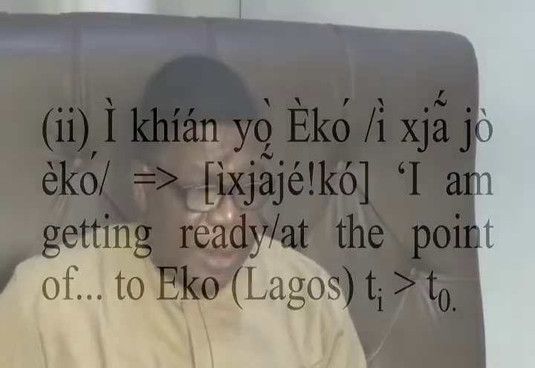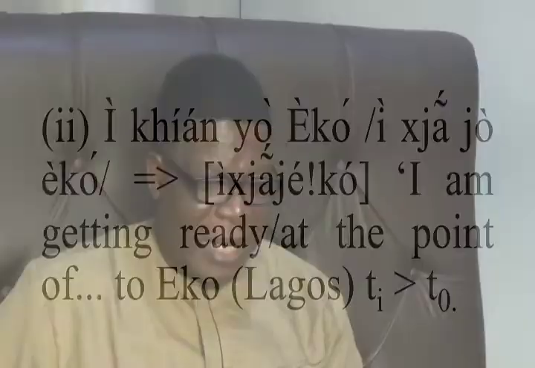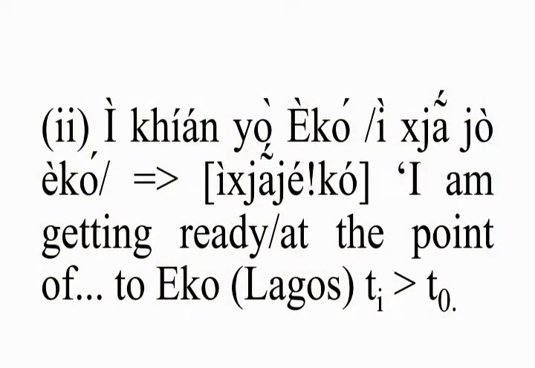Compare that with this one, Ihianyo Eko. So it is also indicating a future marker. Ihianyo Eko, which after elision and all, you have Ihianyeko.